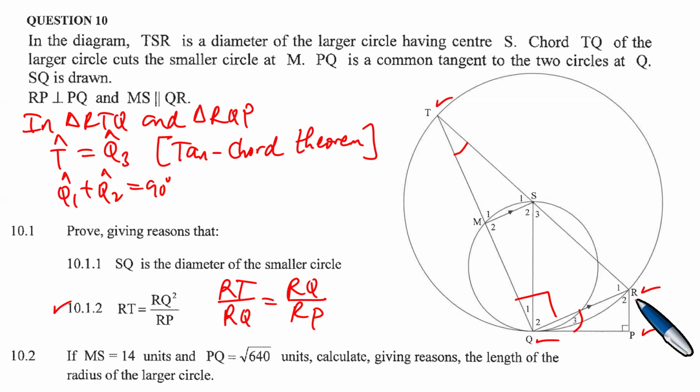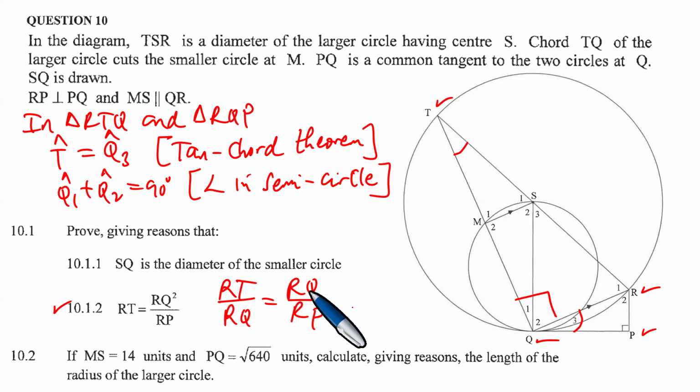Because it's an angle in a semicircle. Angle in a semicircle is 90 degrees there, an angle subtended by a diameter.